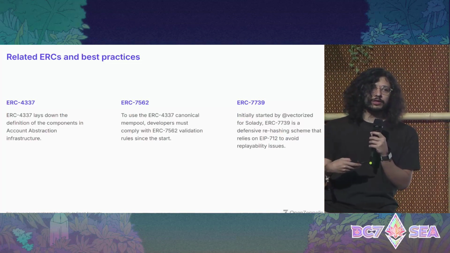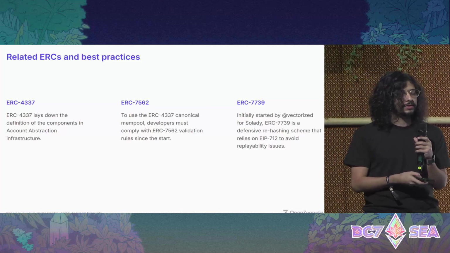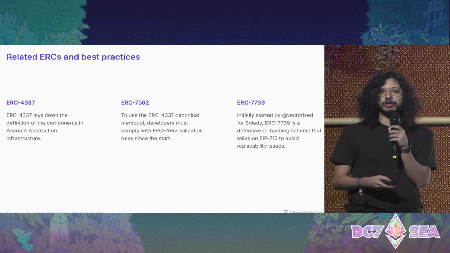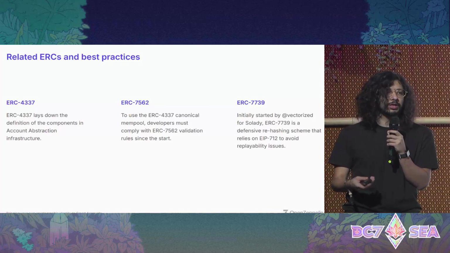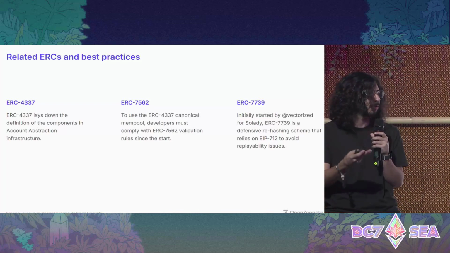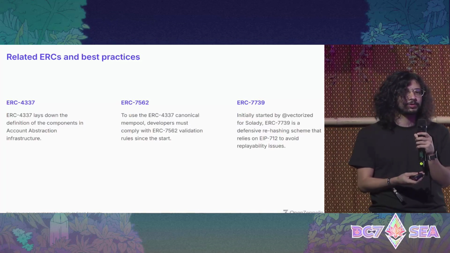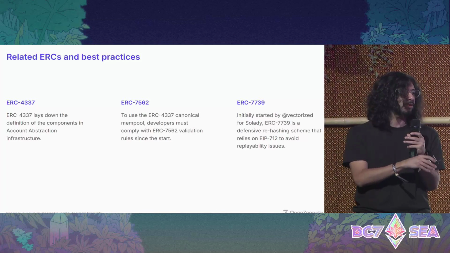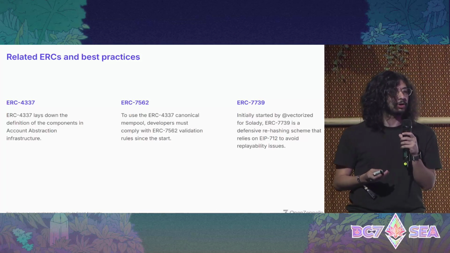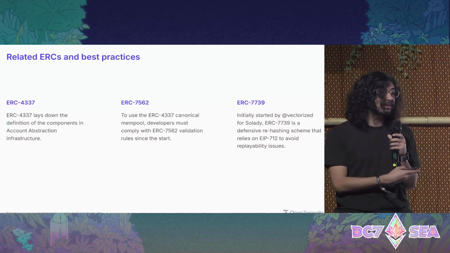Then the second ERC to take into consideration is ERC-7562, which corresponds to the validation rules. There are a couple of validation rules for 4337, but the most important ones, in my opinion, are the storage validation rules. Why is this important?